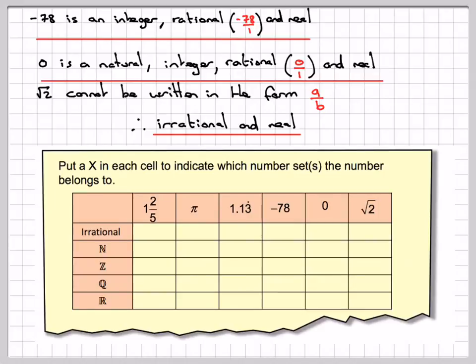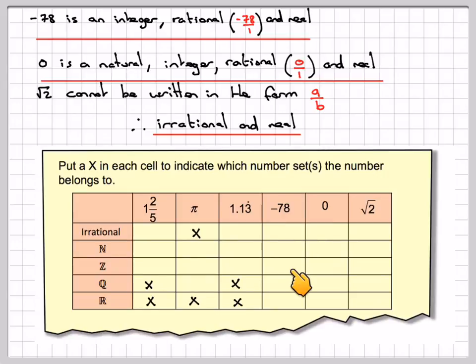Right, so if we take our table and summarise what we got: this was a rational number and real, pi was irrational and real, 1.13 recurring can be written as a fraction, so that is rational and real.